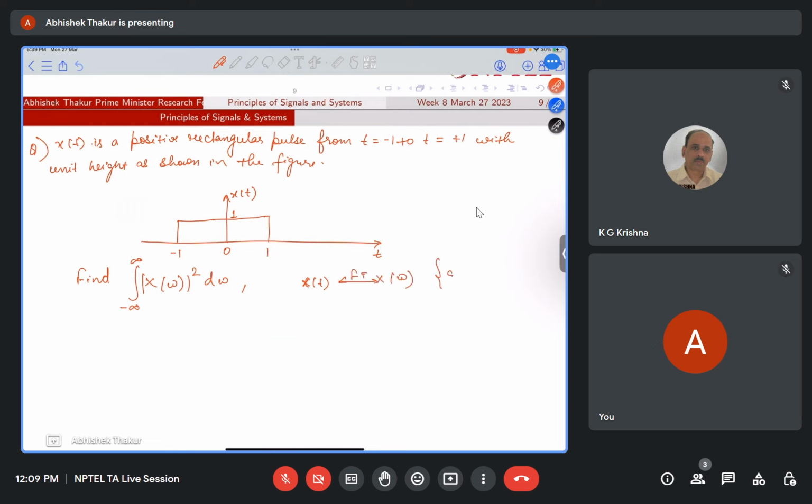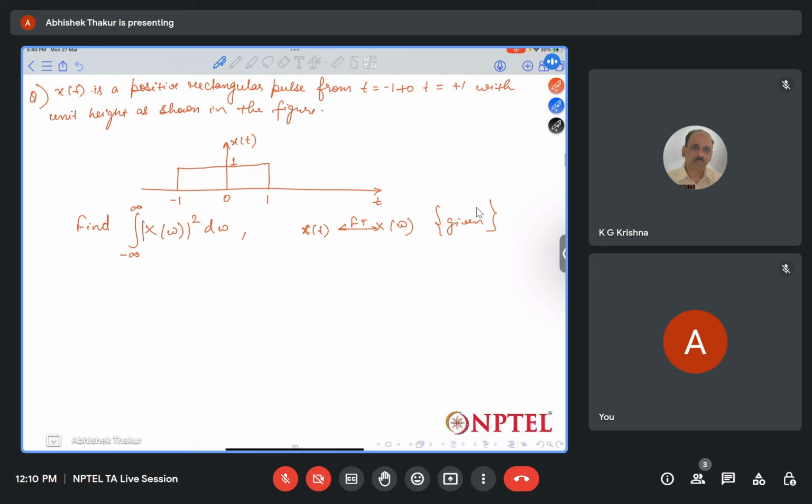So this is given, and we have to find this integration. We can write mod of X(omega) squared as X(omega) into X conjugate of omega.